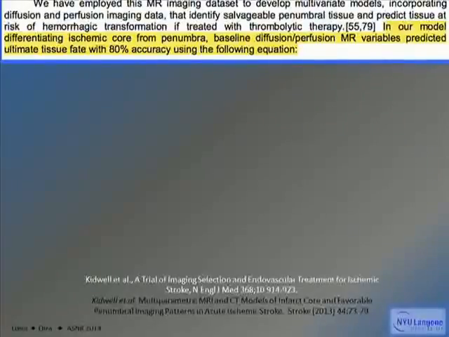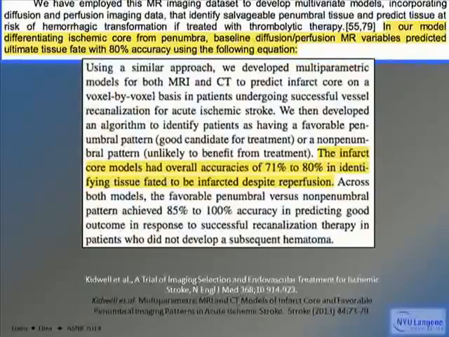So is that real? Same authors. They did a series of studies leading up to the MR Rescue trial, other multi-parametric studies. And in that, with MR and CT, they determined the infarct core models had overall accuracies of 71 to 80% in identifying tissue fated to be infarcted despite reperfusion.